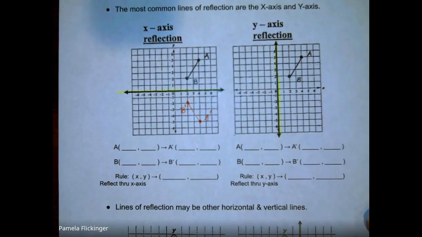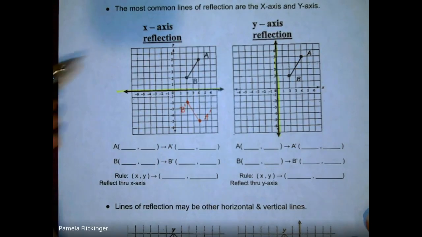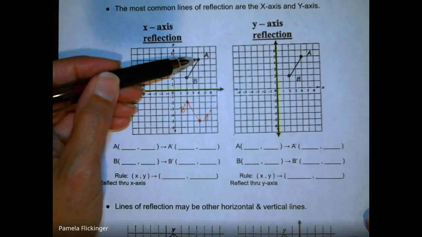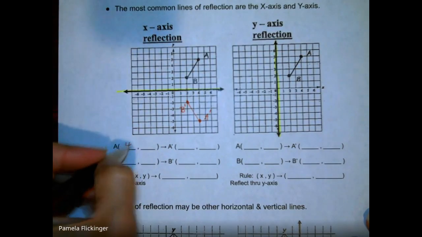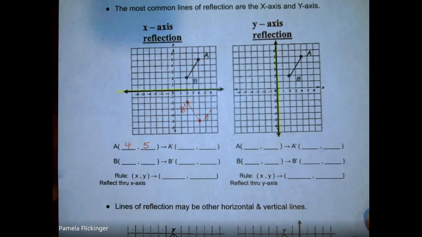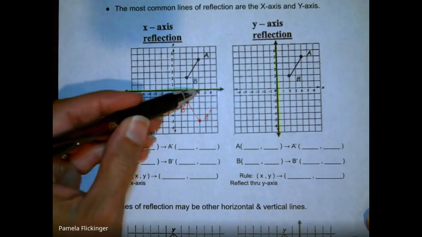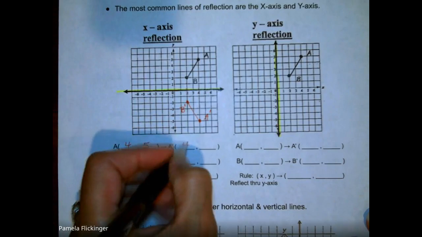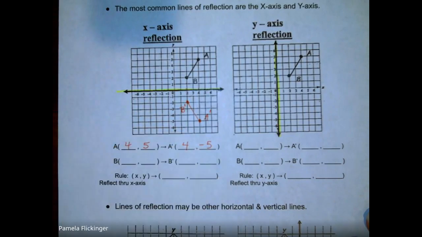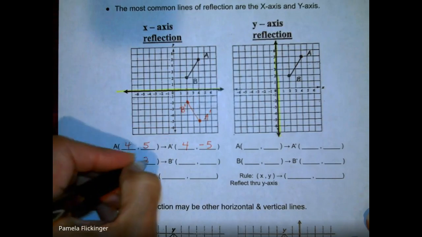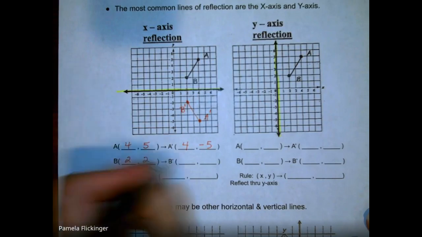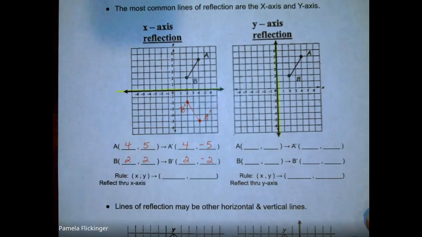So let's look at the ordered pairs and what the rule is. Point A is the ordered pair (4, 5). And notice A prime is (4, -5). Point B is the point (2, 2). And B prime is (2, -2).